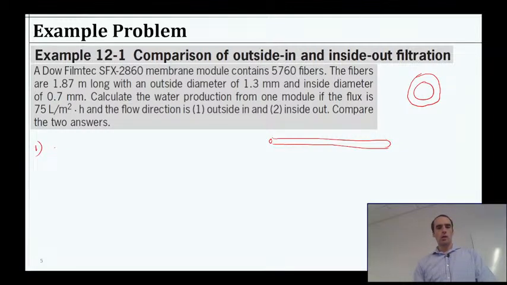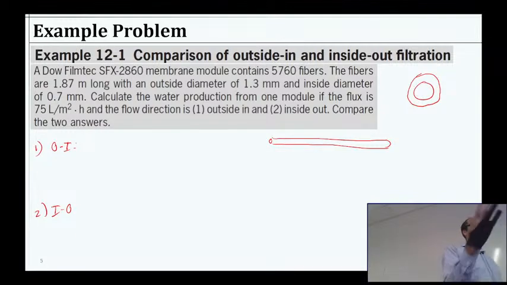Now, outside in and inside out refer to the water traveling either to the membrane from the inside of this tube first and then escaping out, or we're feeding water on the outside so that it pushes through the barrier and ends up on the inside of this tube.